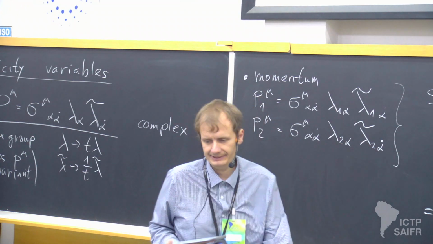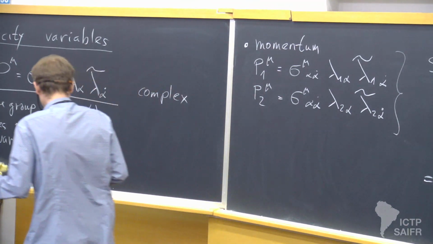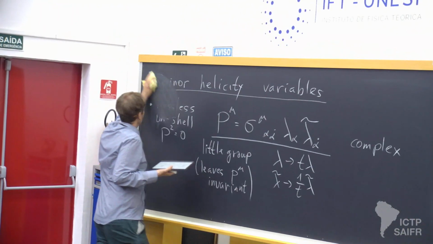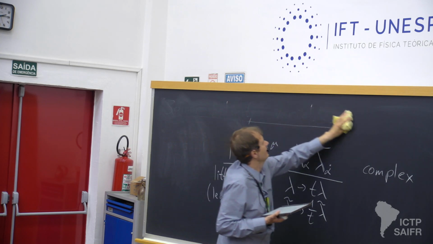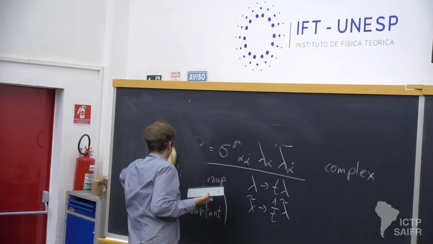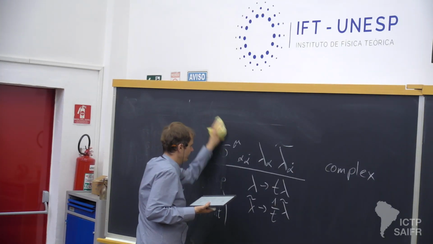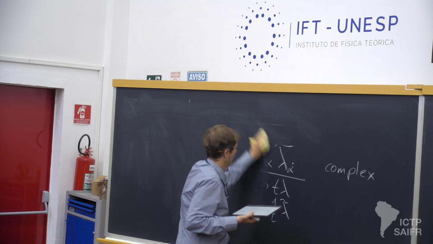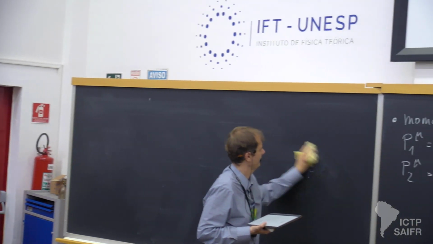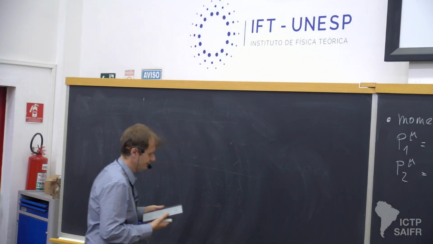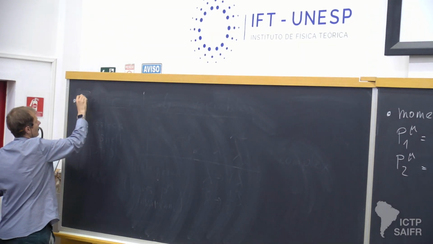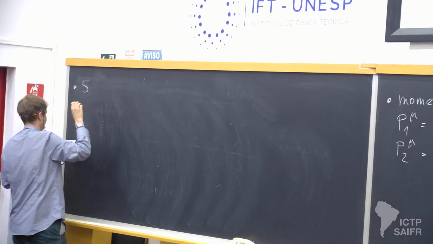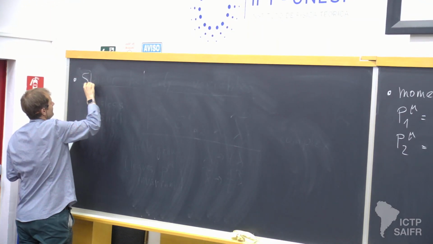So let's discuss a few more properties of these Spinor-helicity variables and the kinematical invariants. One property is the so-called Schouten identity.